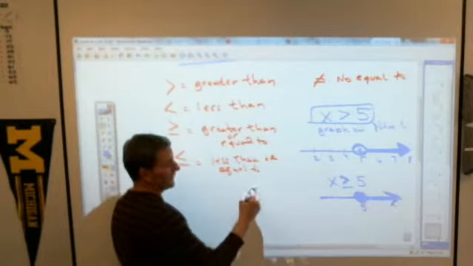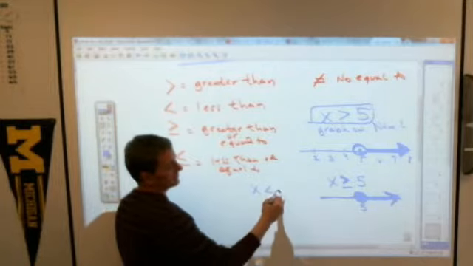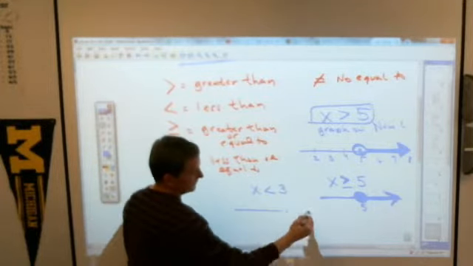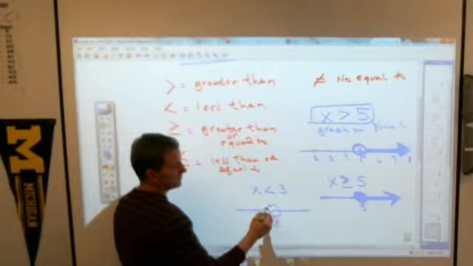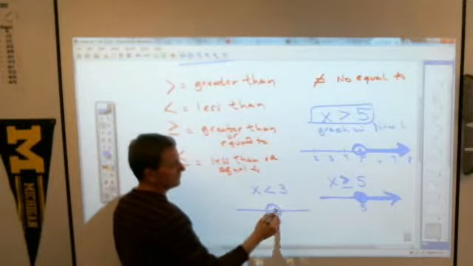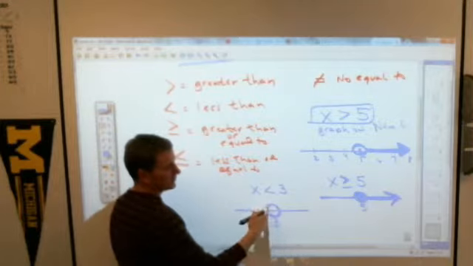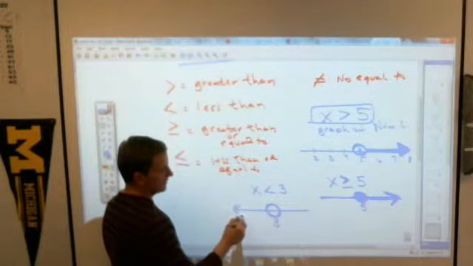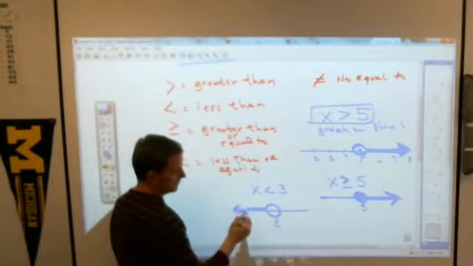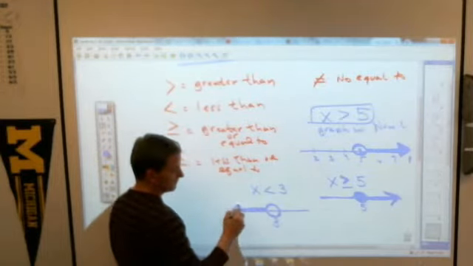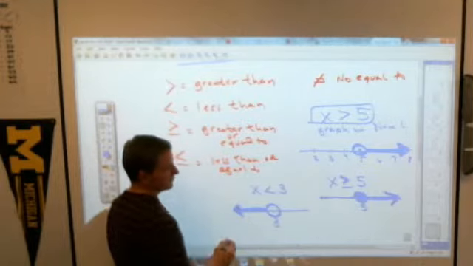Example, if you get x is less than 3, here at 3, open circle or closed? Open, and it goes this way. It's the numbers less than 3, so this, look at same sign thing, are the numbers that are less than 3. Who feels like they're going to struggle with that?